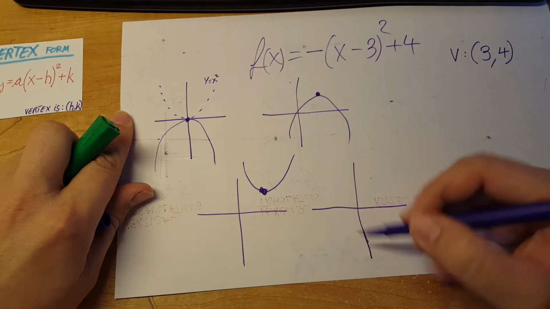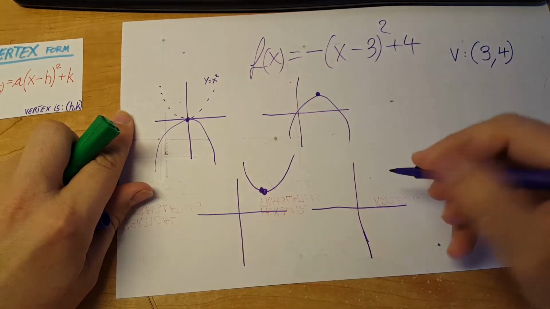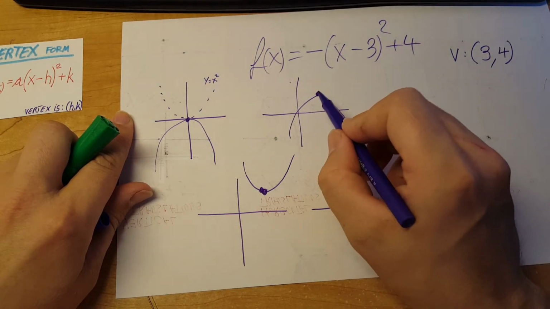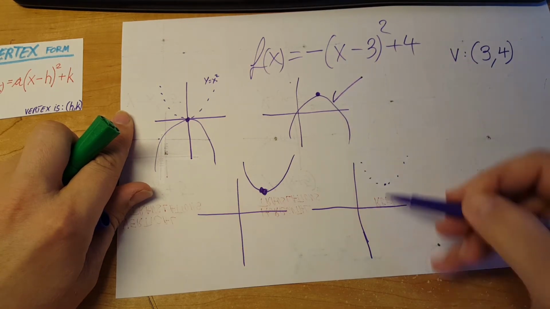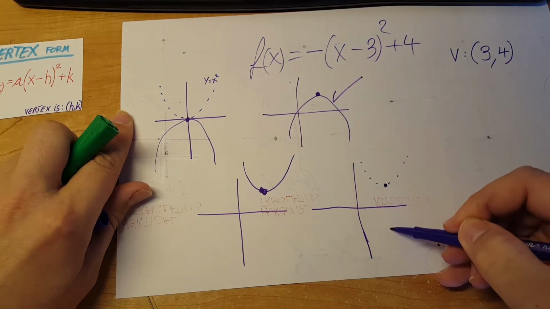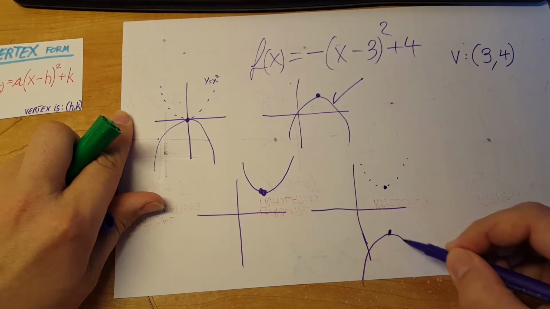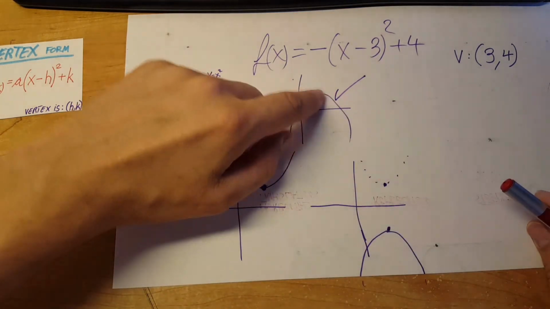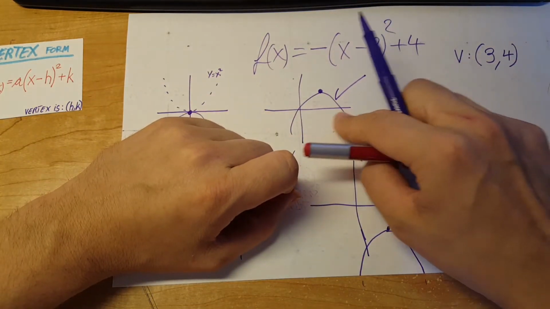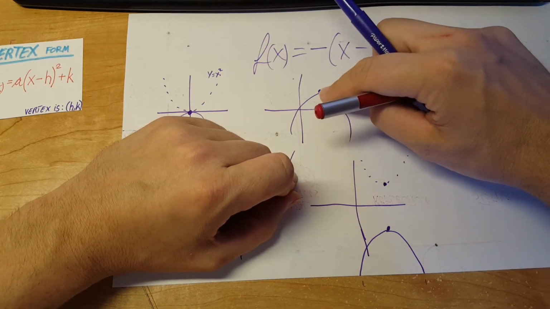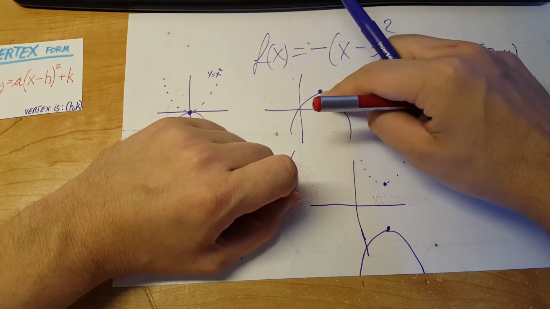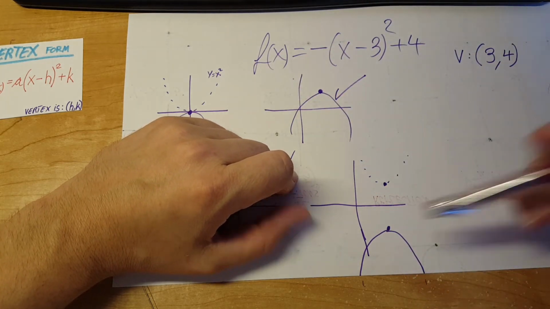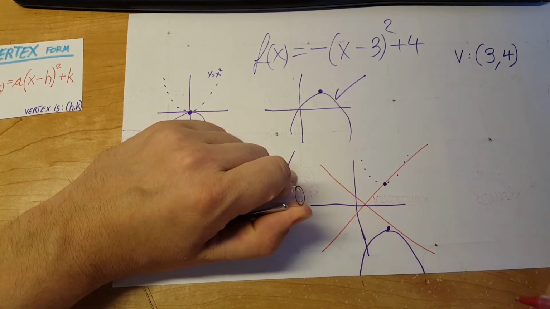When I reflect this across the x-axis, instead of having the correct graph, the vertex is gonna be reflected here, and I'm gonna have a graph down here. So as we can see, these two are not the same. Here we have an x-intercept, and the vertex is above the x-axis. When we reflect it, it'll move down here, and there's gonna be no more intercepts. So this is not good.